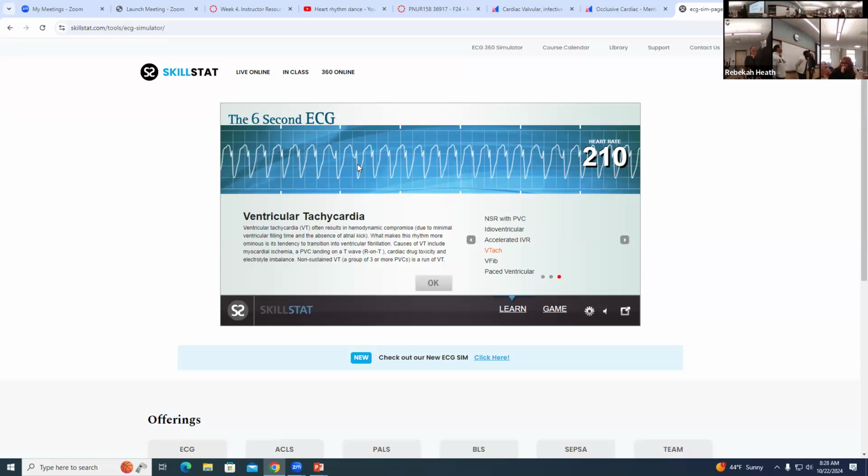Any clues with the dance? Yeah, are these flutter waves? A flutter? Yeah. Oh, give it up for Victor and his backup dancers.